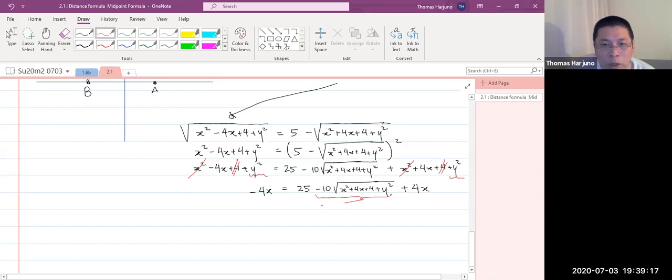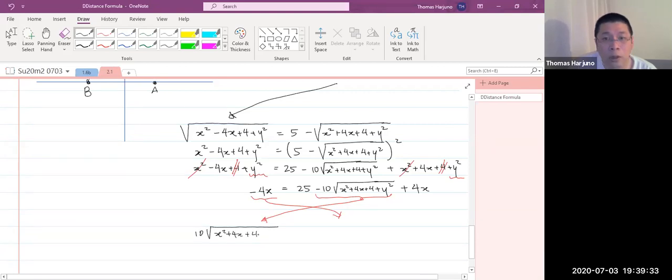I will move it to the left hand side to make it positive. Likewise, this guy here, I will move to the right-hand side to make it a positive term. So then I will get 10 square root of x squared plus 4x plus 4 plus y squared equals 25 plus 8x. This 8x is actually coming from 4x plus another 4x.